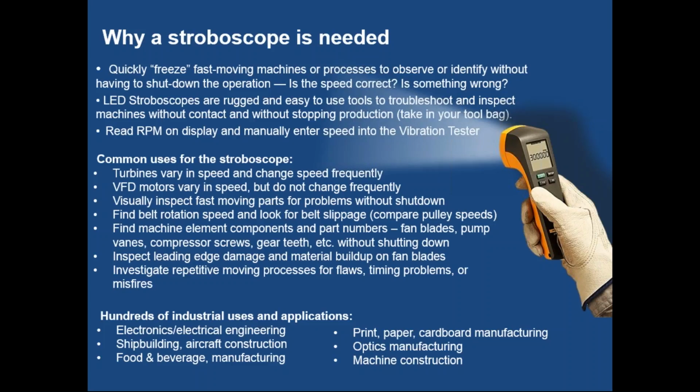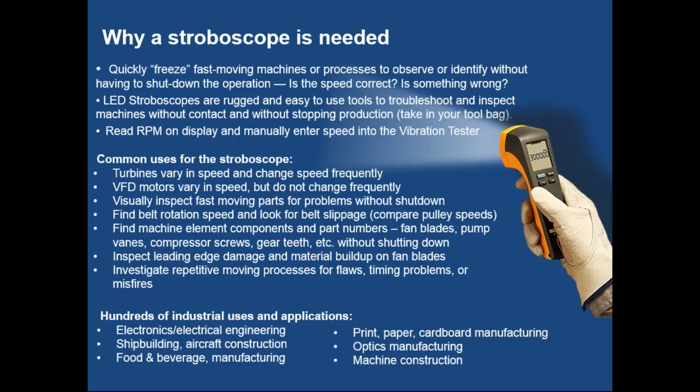You can find speeds on belt-driven machines. You can find machining problems, problems with paper lines, all kinds of different things. What does it do? It's simply by adjusting the flash rate of the strobe, it allows us to freeze a process or a machine.